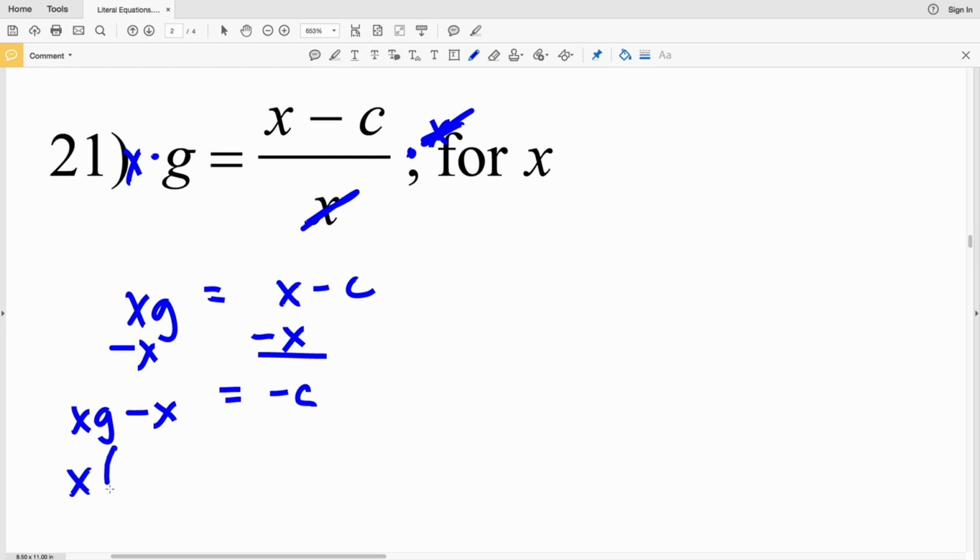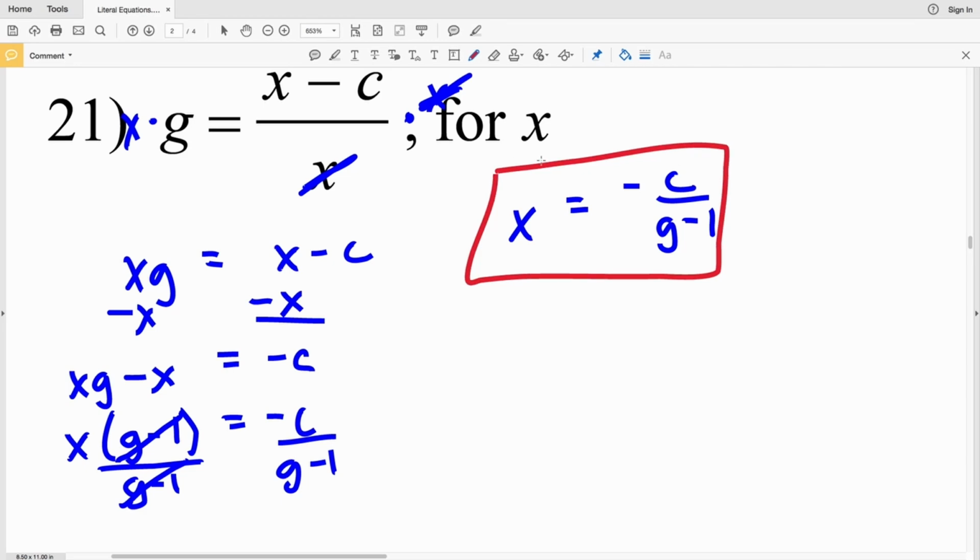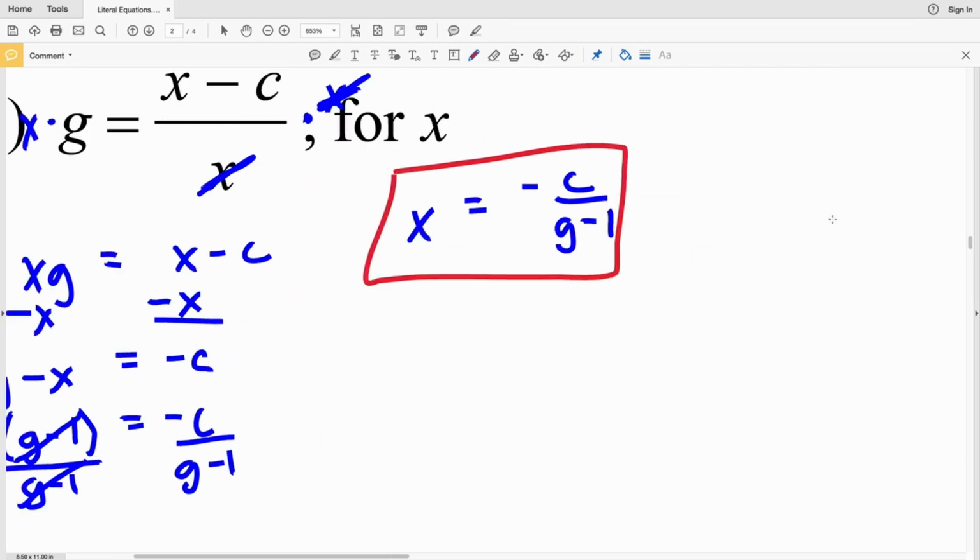When I do that, I'll have x times g minus 1 equals negative c. The last thing to do now is to divide by g minus 1 in order to isolate that x. Doing so, we'll get that x is equal to negative c all over g minus 1. And that's the answer for number 21.